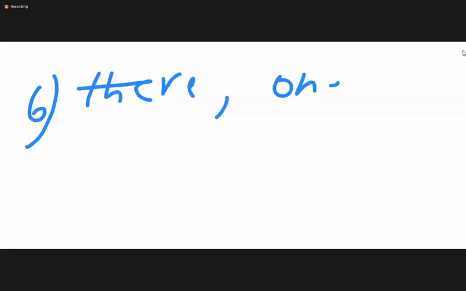Statements beginning with there and one. The next point, the sixth point. There is actually a dummy subject, and one is an indefinite pronoun. So if these are in the subject place, the same are repeated as pronouns in the question tag.